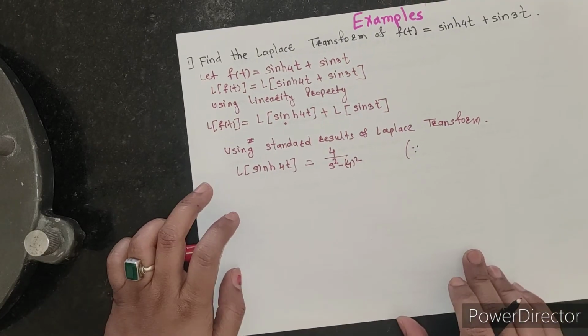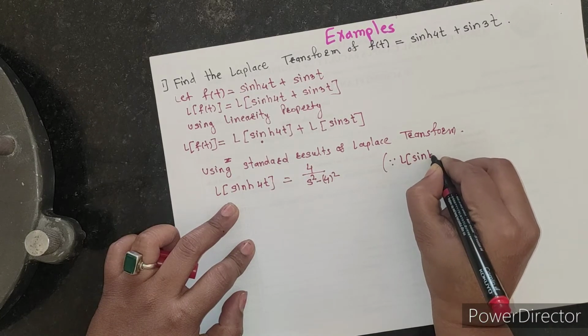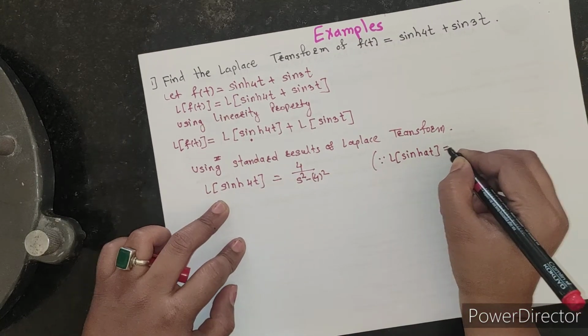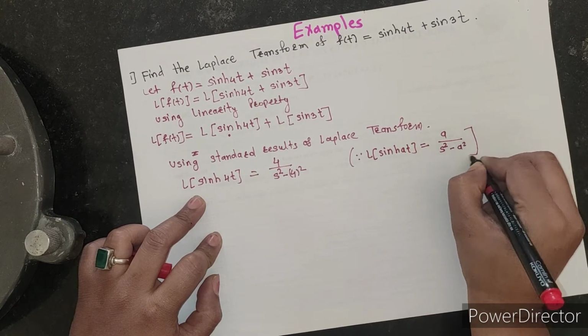Since using which formula? Laplace transform of sine hyperbolic at is equal to a upon s square minus a square.